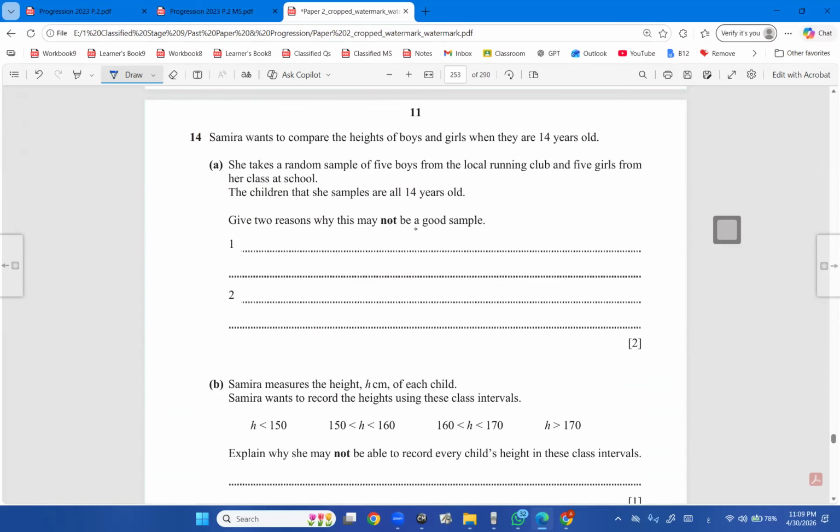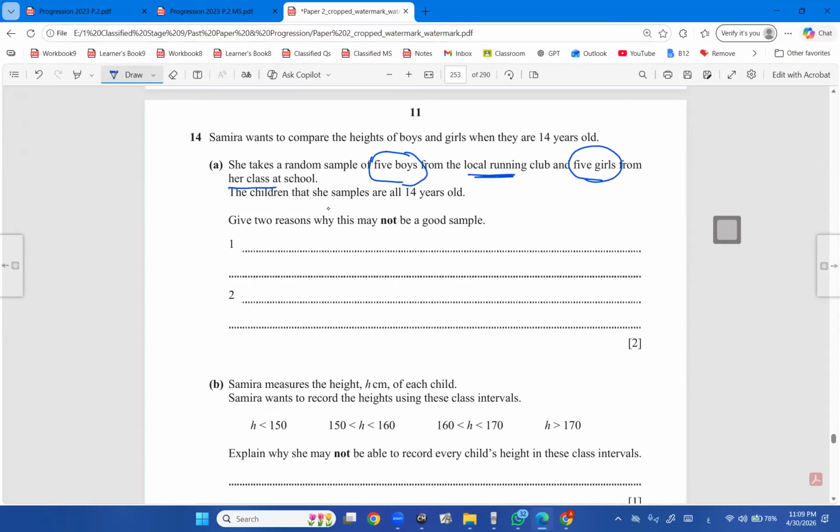Samira wants to compare the heights of boys and girls when they are 14 years old. She takes a random sample of 5 boys from the local running club, and 5 girls from her class at school.